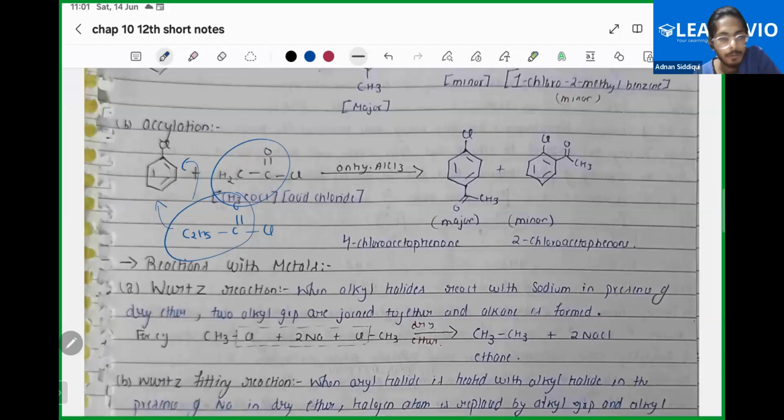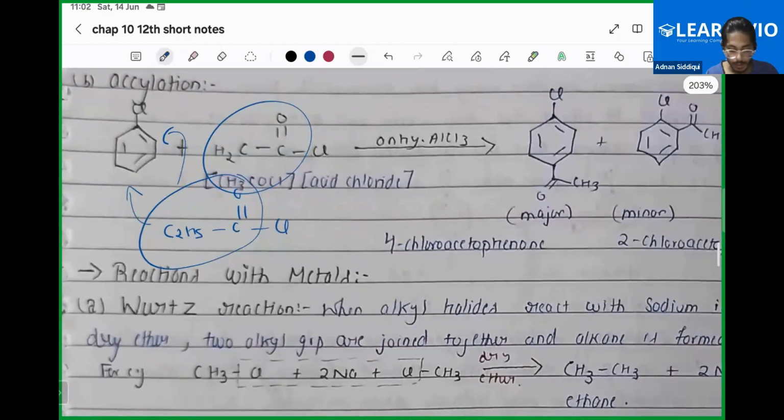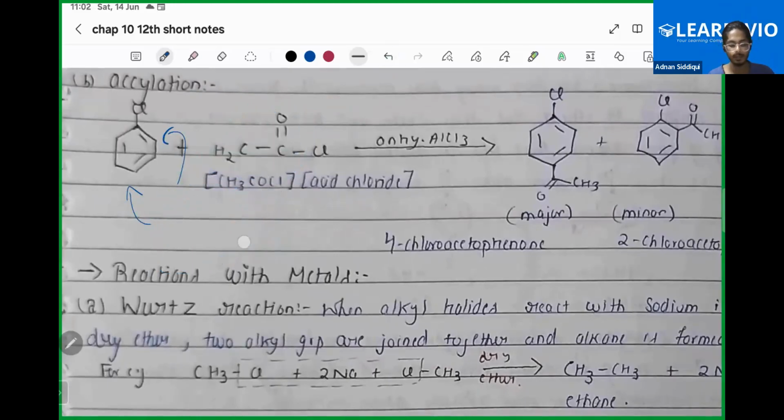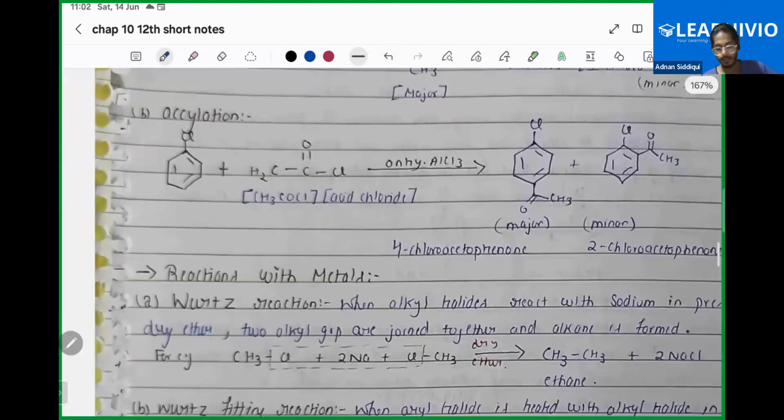Different groups can be attached. You can use a propane chain, an isopropyl chain, a tertiary butyl chain. But the condition is it should have a carbonyl group, C double bond O, attached with the alkyl chain. This is acylation.